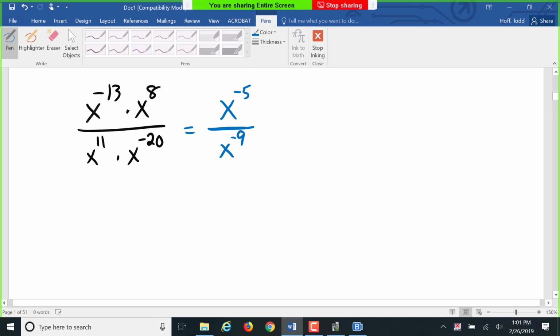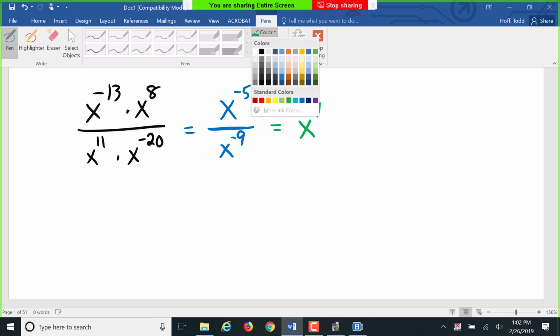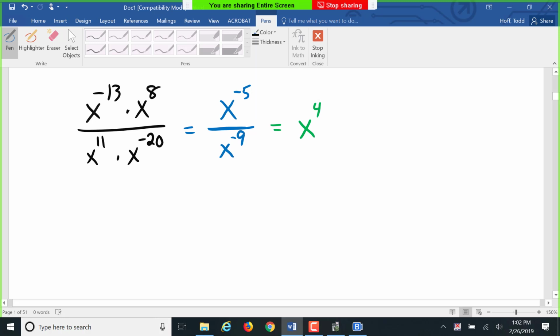And then we divide x to the negative 5th divided by x to the negative 9th. X to the 4th. Perfect. Negative 5 minus a negative 9 is negative 5 plus 9, or 4.